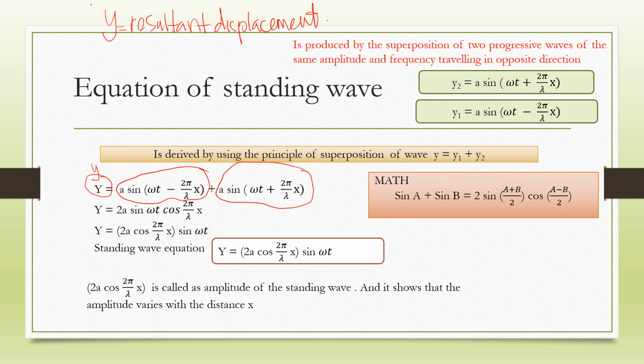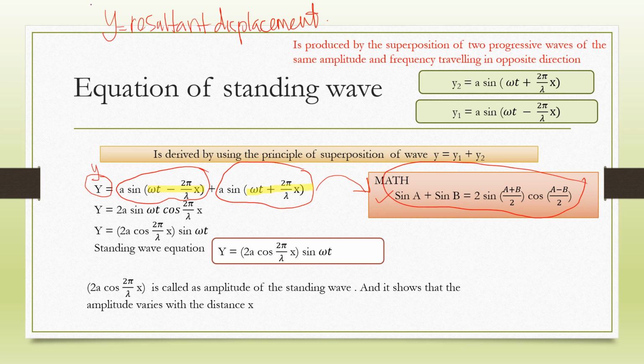Once we add this, how do we solve it? We refer to our prior knowledge in maths, where sine A plus sine B gives this. So you apply this entire concept. Now who is A, who is B? Here, this is A, and this is B.